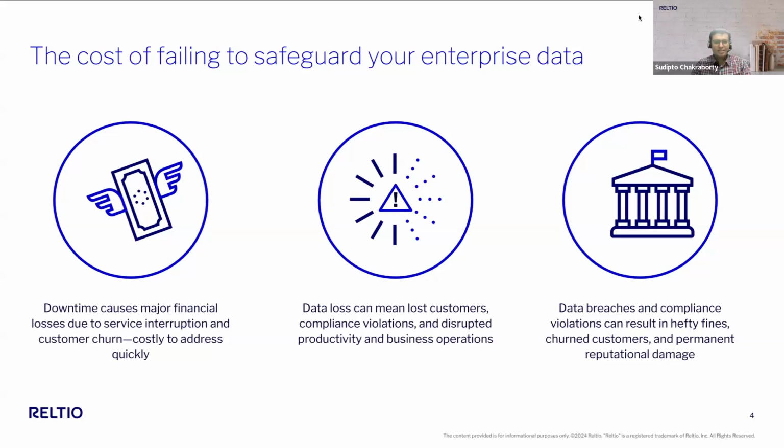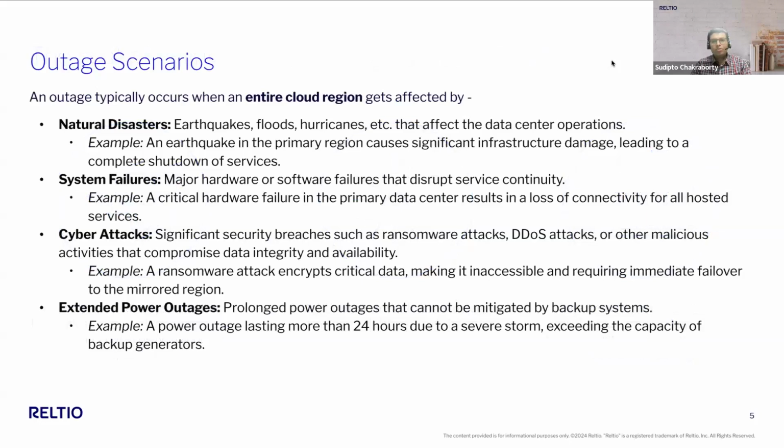So let's get started. Now moving to the next slide, Sarah, we'll talk about the cost of not safeguarding your enterprise data. On this slide, you see a stark message, right? Failing to protect your data can cost you clearly. Downtime causes major financial losses due to service interruptions and customer churn.